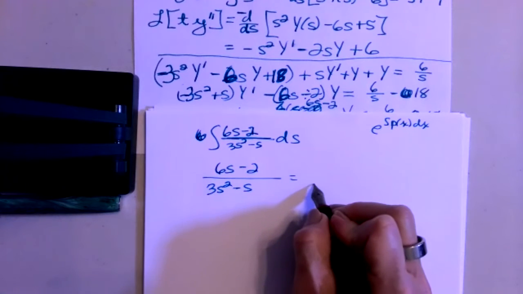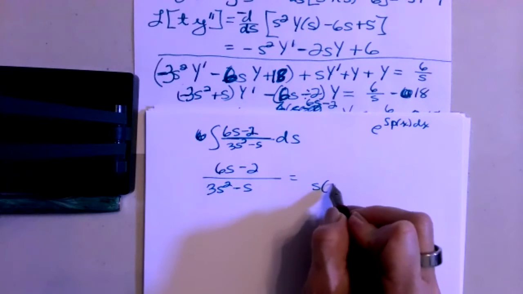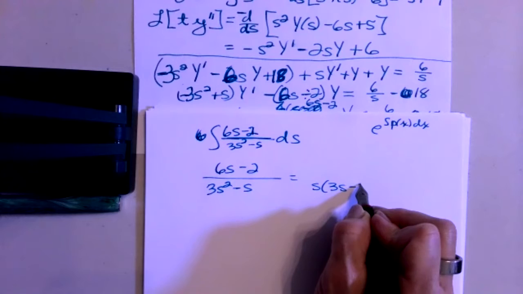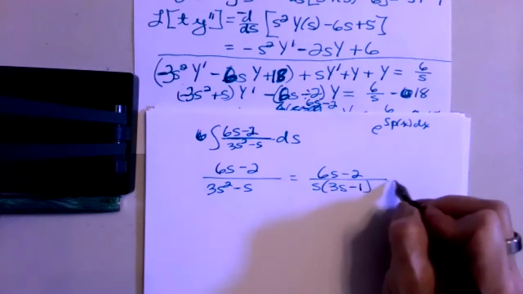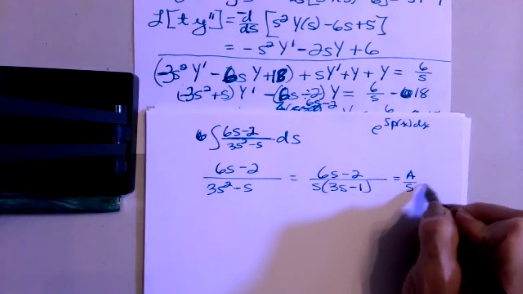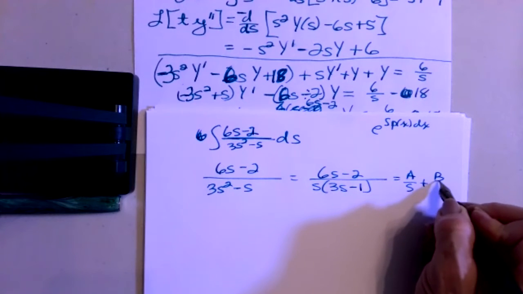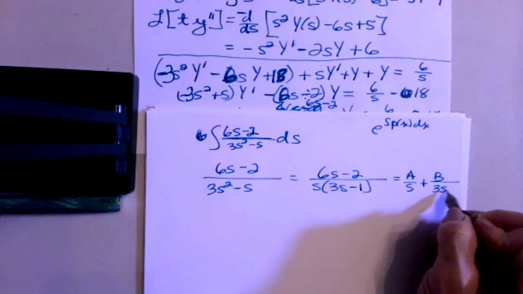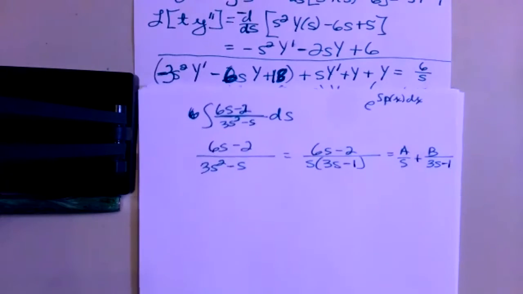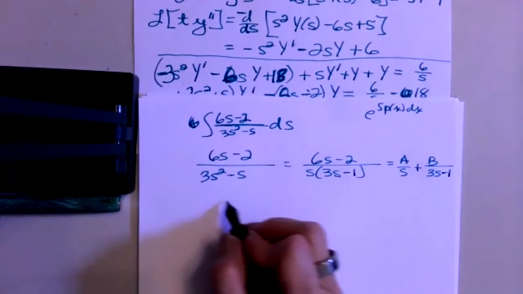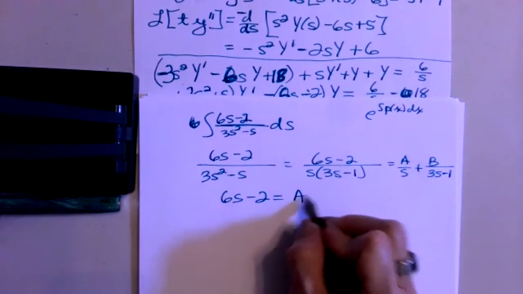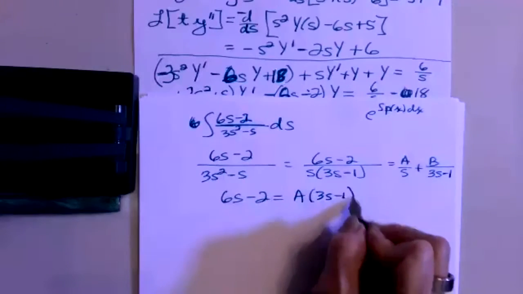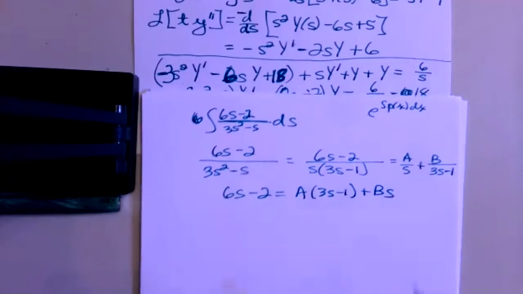So you write this as 6s minus 2 over s times 3s minus 1, so that's A over s plus B over 3s minus 1. Now when we multiply through, we get 6s minus 2 is A times 3s minus 1 plus Bs.